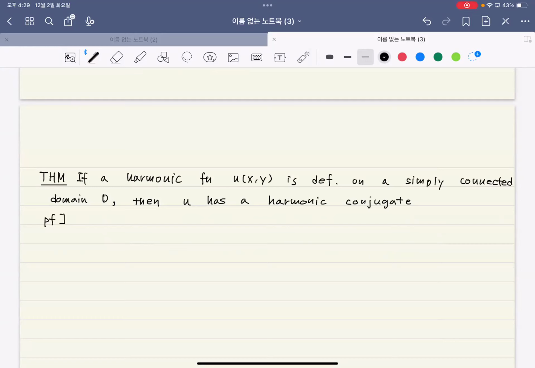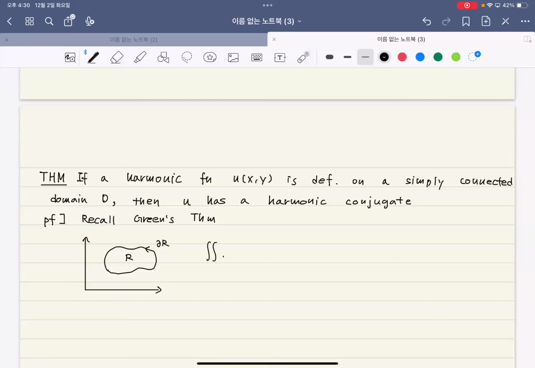In order to give you the proof, I will need to give you a quick reminder of Green's theorem from multivariable calculus. So what was Green's theorem? We have a simply closed domain R, and this is the boundary curve.